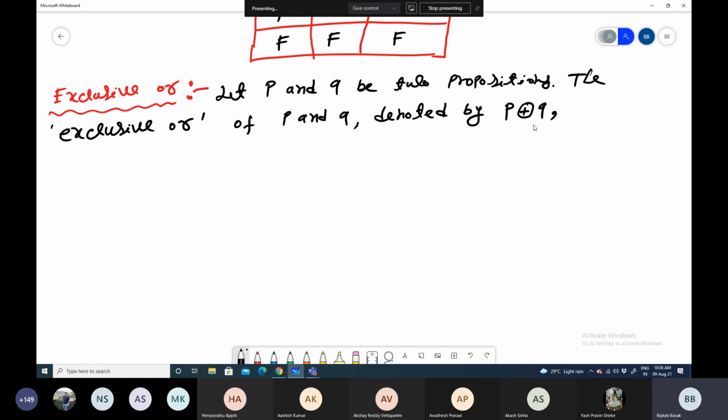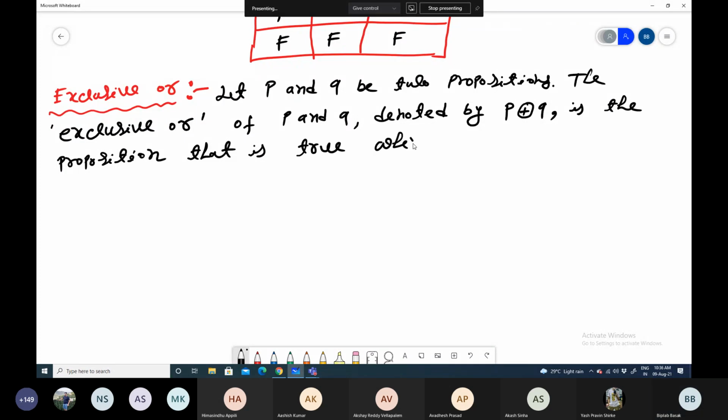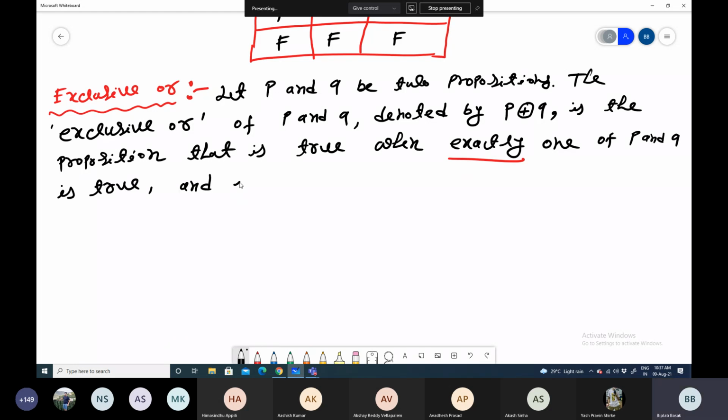So what is this proposition? This proposition is the proposition that is true when exactly one of P and Q is true, and otherwise it is false.